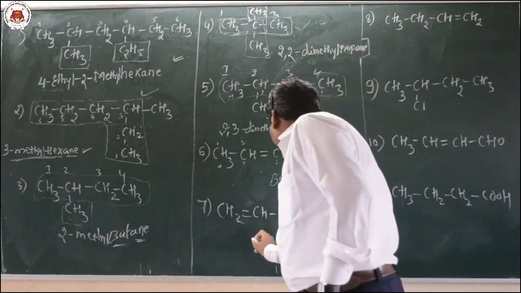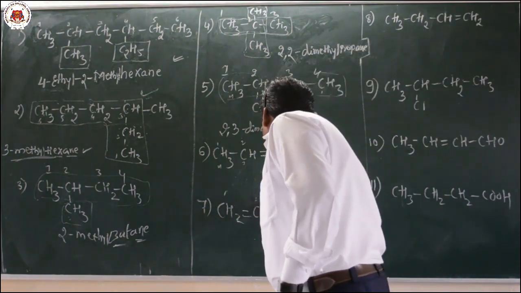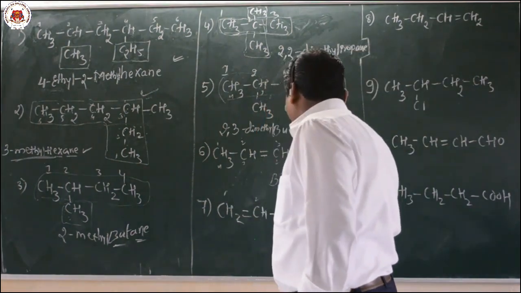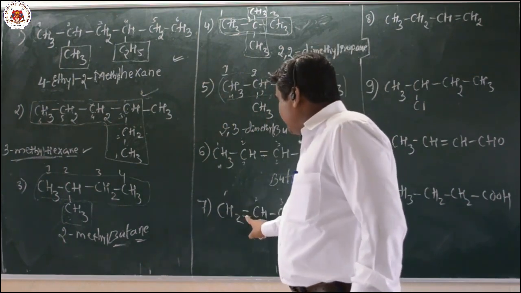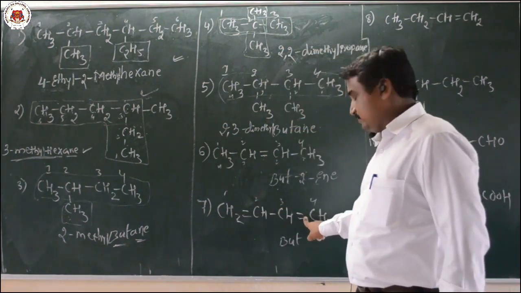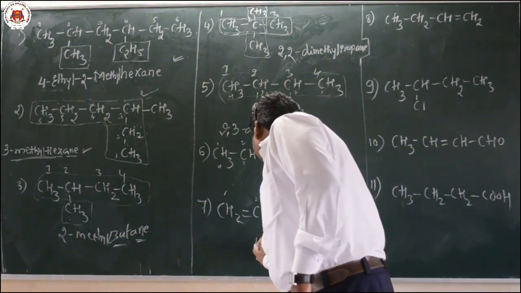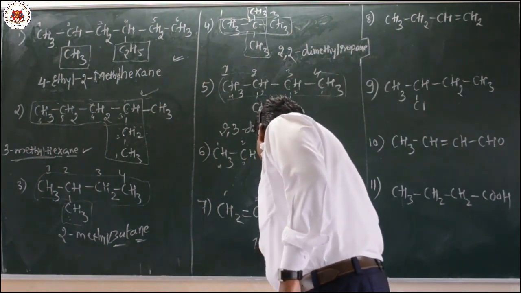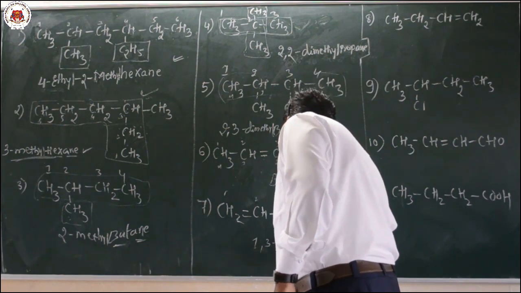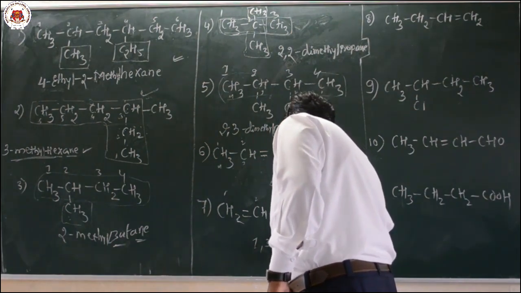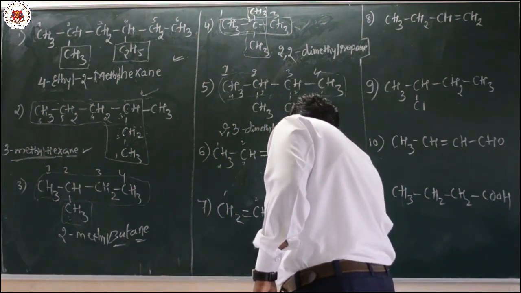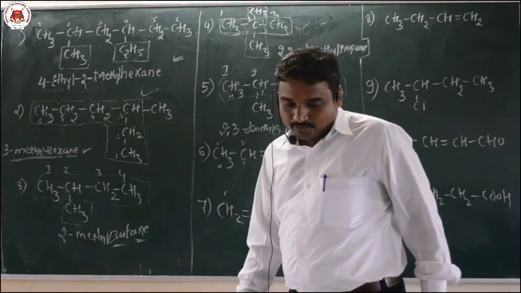We have 1, 2, 3, 4. At the first position we have a double bond, and at the third position again a double bond. Hence 1,3-butadiene.